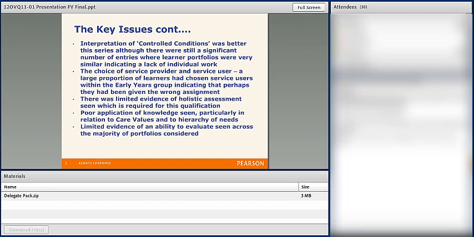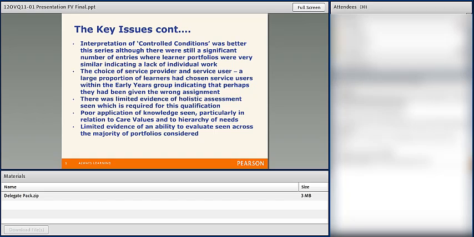Another issue was the choice of service provider and service user. A large proportion of learners had chosen service users within the early years group, indicating that perhaps they had been given the wrong assignment. Now, the key thing, and again this is something I will come back to later, is that the controlled assessment material is only valid for 1 year, and you must ensure that your learners are actually undertaking the assignment that is relevant for the year in which you are going to present the assignment for assessment.